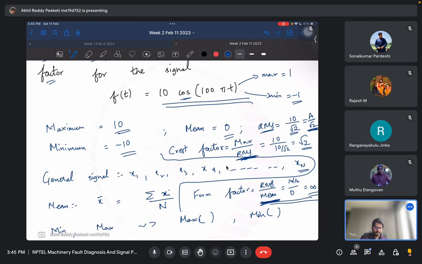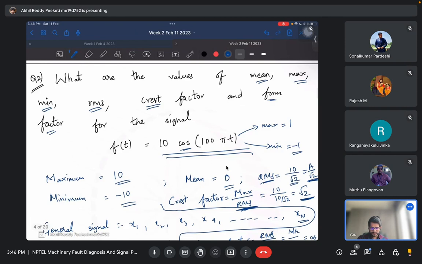If it is only sine or cos, then the mean is 0, so the form factor would always be infinite for pure sine or cos. The crest factor for pure cos or sine would always be constant, the square root of 2. If you have a different signal, you need to estimate the crest and form factor from the maximum, RMS and mean.